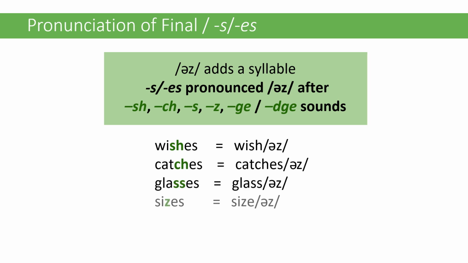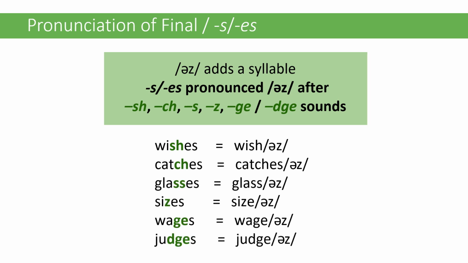When a word ends in SH, CH, S, Z, or J, the final S adds an extra syllable to the noun. Listen and repeat.